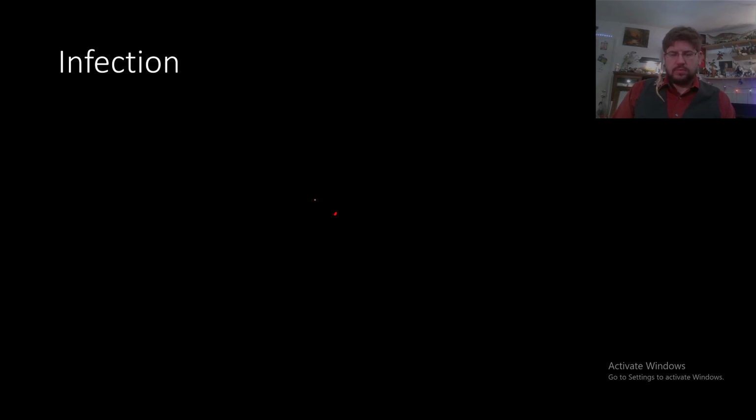Alright, so just a brief review real quick. We were talking about infection, and when we talk about infections, that is a proliferation of microbes in the body where they shouldn't be.